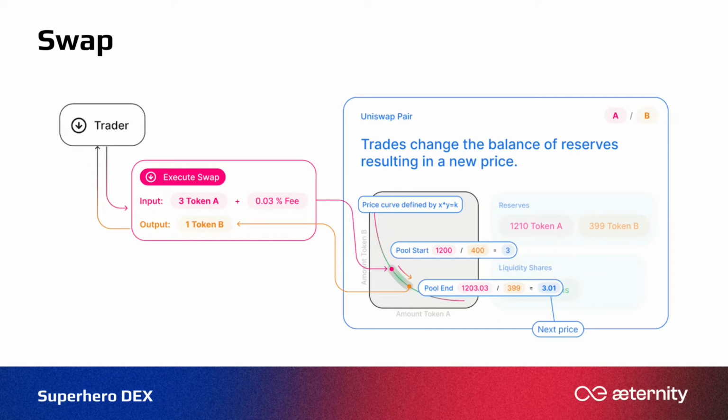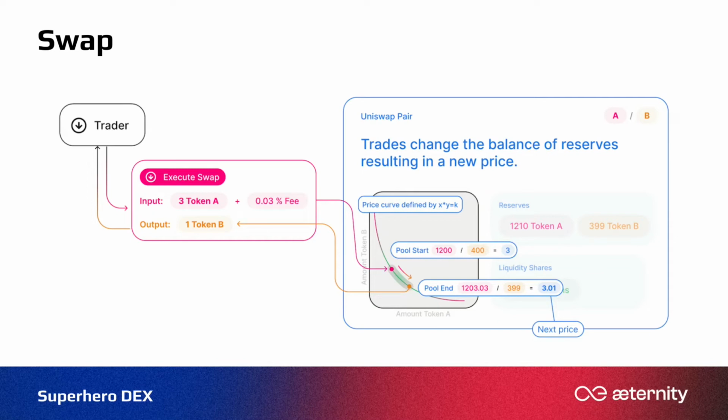And we then take this information and we go down the slope a bit, just like we learned, and we determine how much should go out. And here we start the pool at 1200 and 400, and we end the pool at 1203.03 and 399, because we need to output 1 token to stay on the curve.